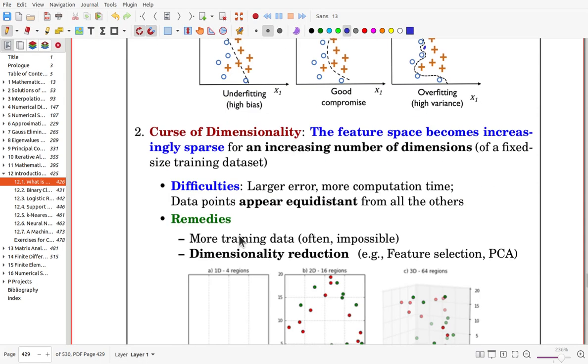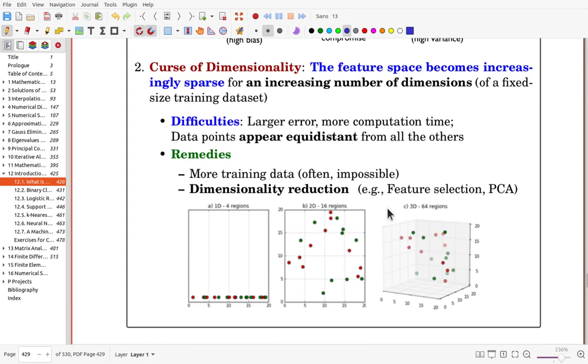Okay. The second issue in machine learning is the curse of dimensionality. This one can be explained through this figure. Once the data points are in 1D, the data points can be accumulated, and once it has two classes, you can see two separate parts quite easily.